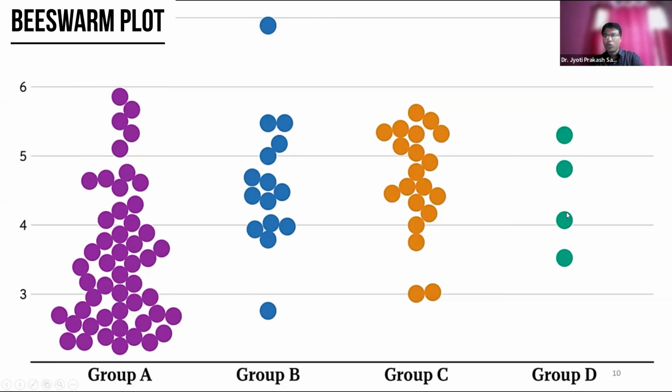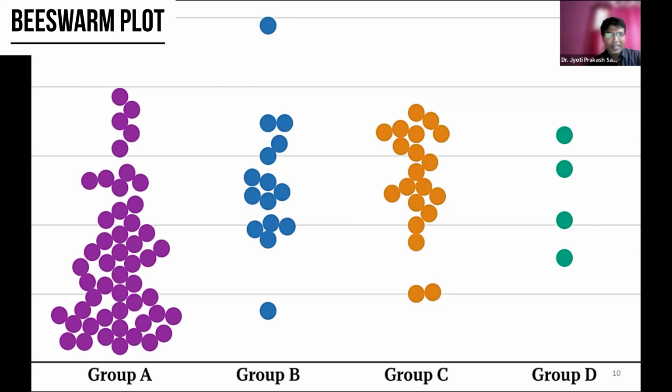So 2 have rated 4, 2 have rated 5. This is the bee swarm plot. A bee swarm plot is clearer for larger samples, like this one with 51 participants in group A. A bee swarm plot is wider at the base and narrower on the top.